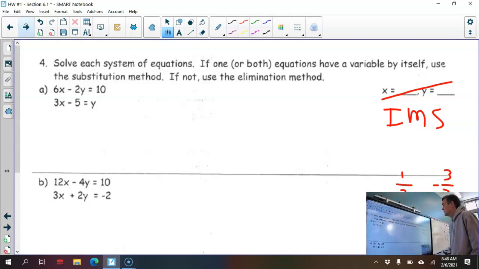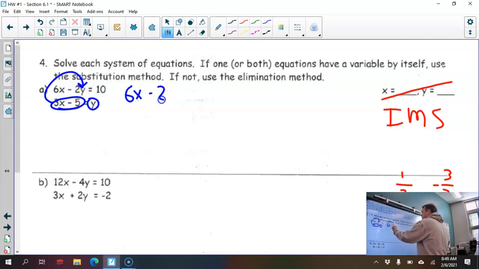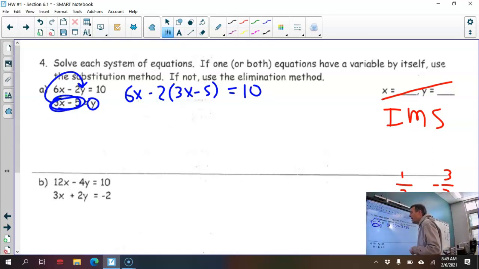Number 4. All right, so if I was going to do this one, since a variable is by itself, I would take what that variable equals and I would use the substitution method. So I would write 6x minus 2 times 3x minus 5 equals 10. And I have substituted 3x minus 5 in place of the y. And now I would solve this by distributing the 2.